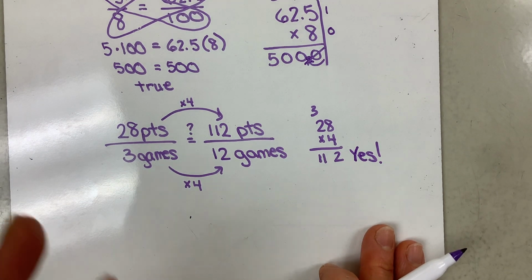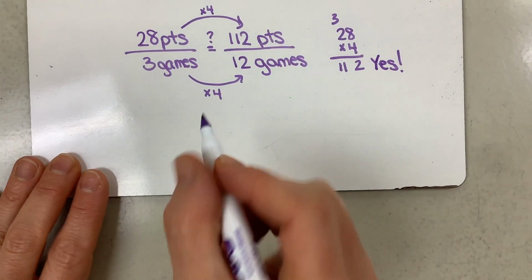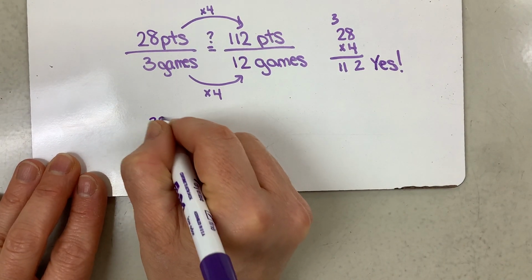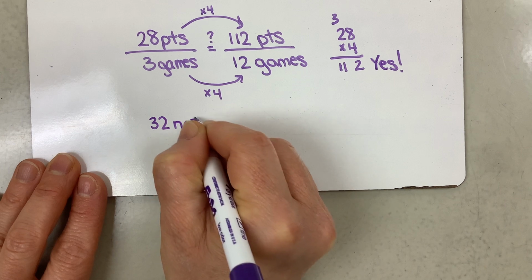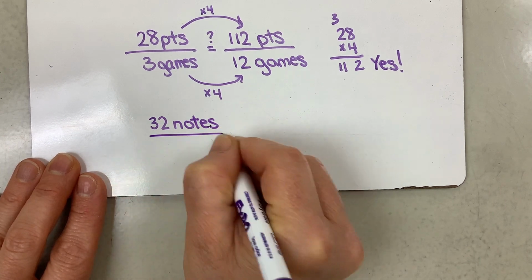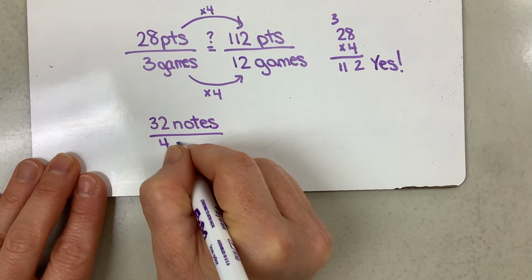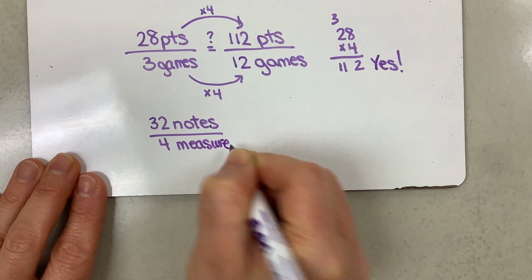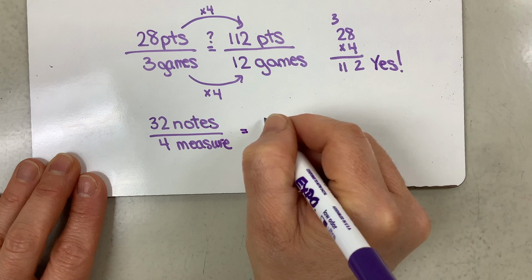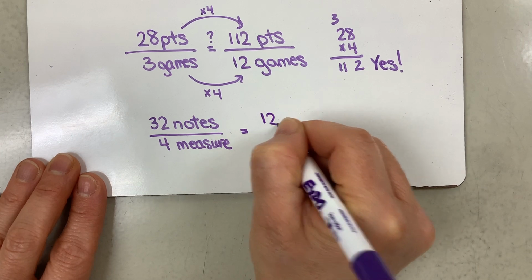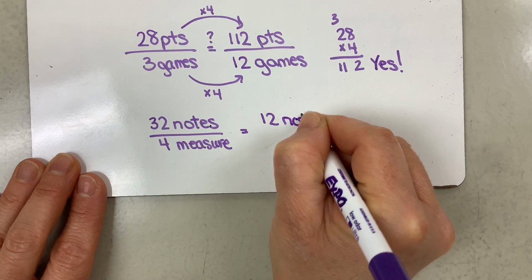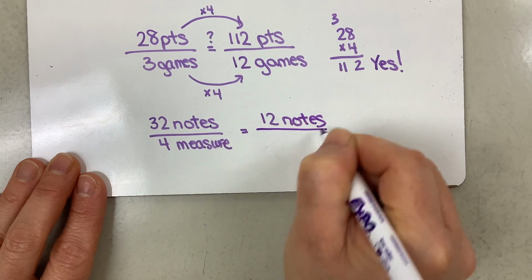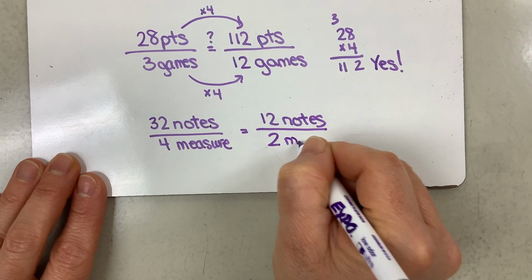Alrighty. Letter D, same thing. So the one I'm going to look at this time is 32 notes in 4 measures. And I want to know if that is equal to 12 notes in 2 measures.